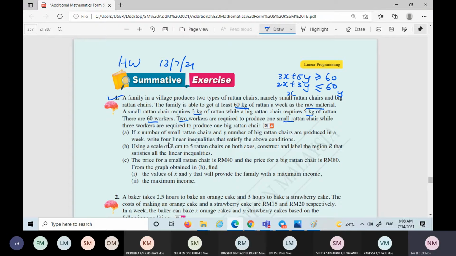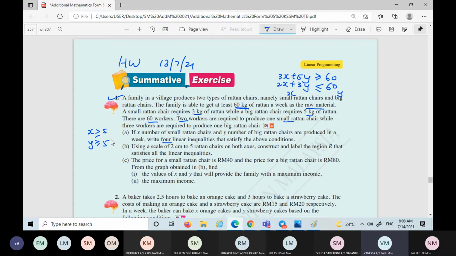Anyone can help? From where do you get the 4 linear inequalities? I can see Vanessa's has 2 more, which is x is bigger than or equal to 5, y is also. But why? Because they mention in a week, they work 5 days a week, right?